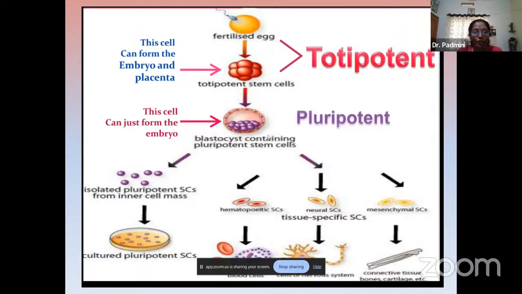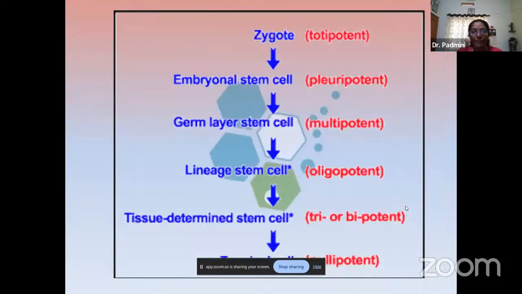So once you can isolate the cells from the blastocyst, and if you culture them in vitro by adding different types of growth medium, you're going to culture them into whatever cell culture that you want them to grow as. Otherwise, these stem cells are going to form into hematopoietic, neuronal stem cells and mesenchymal stem cells.